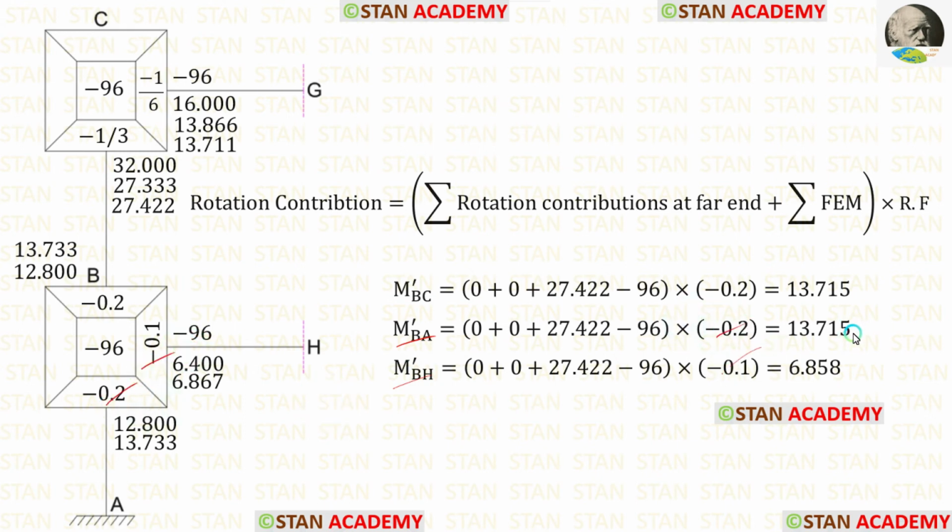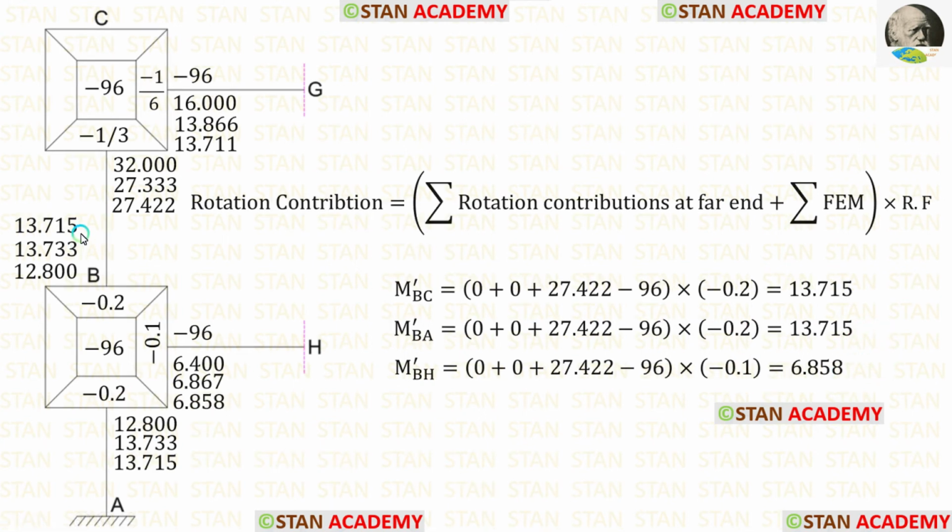After the calculation, we will get M'BA and M'BH. Let us apply the values of M'BC, M'BH and M'BA. We can stop at the third iteration because in the second and third iterations, we are getting approximately equal values.